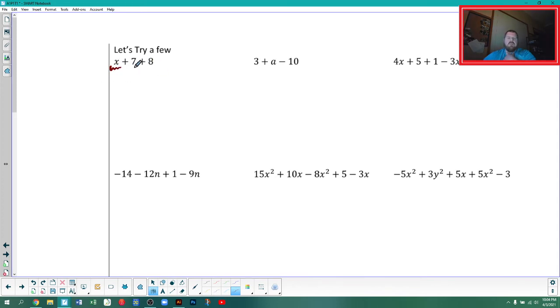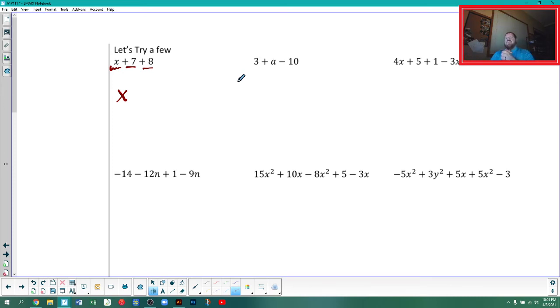Maybe I do my x's with a little squiggly line and my numbers with just straight underlines. I want to combine every term that has the same style of underlining. I only have one squiggly underline, so that one's going to stay by itself. Straight underlines, I have 2 of those, positive 7 and positive 8. And I want to think about just combining those together.